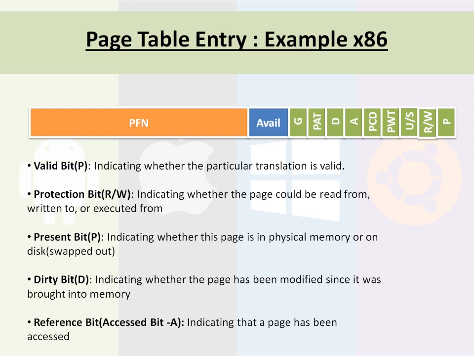So the valid bit and the present bit are basically one and the same, and different books will use both terms. One indicates if it's in physical memory or not, and the other indicates if the translation is valid. The only time a translation would be invalid is if the page was not in physical memory.